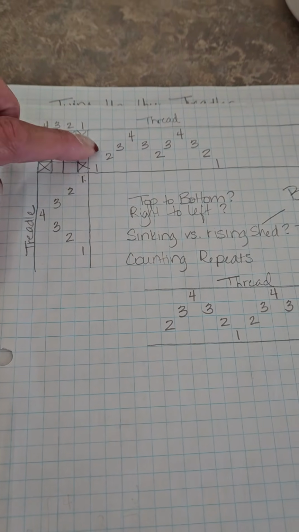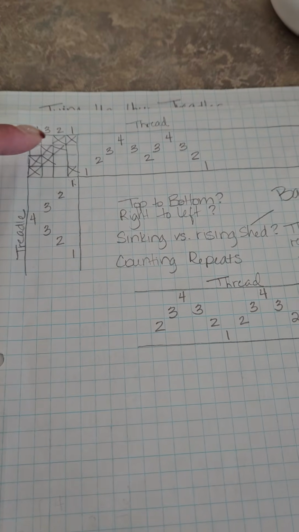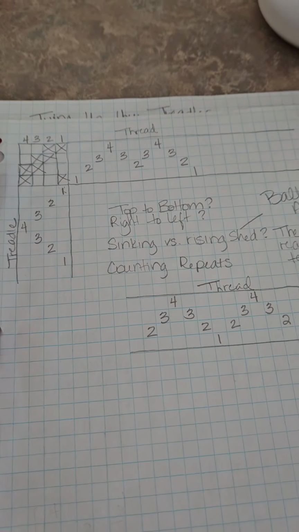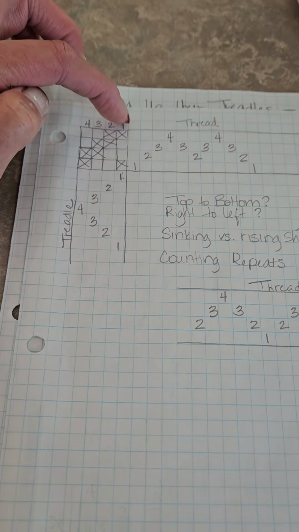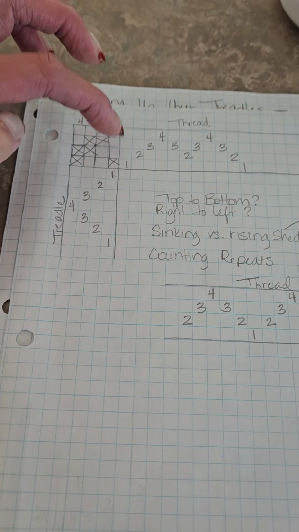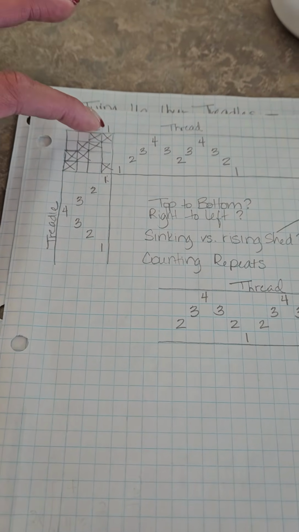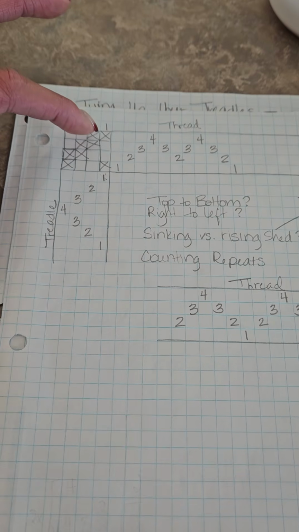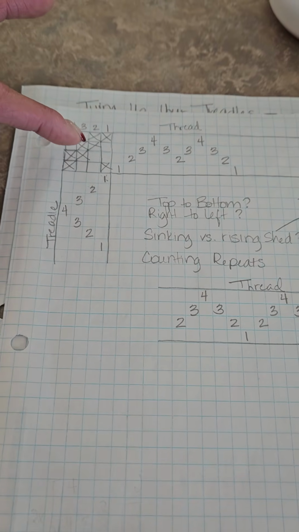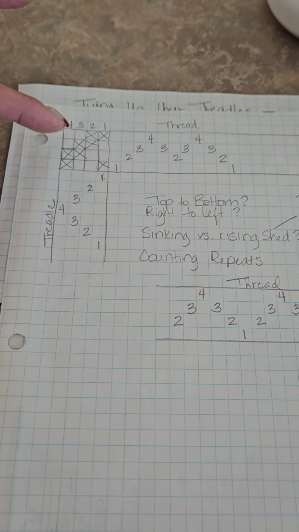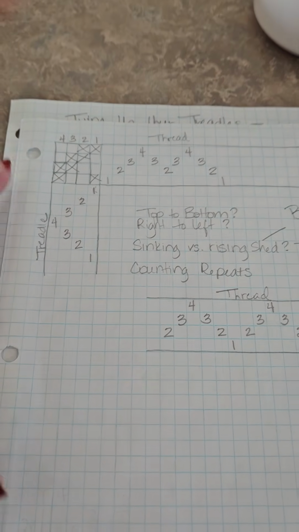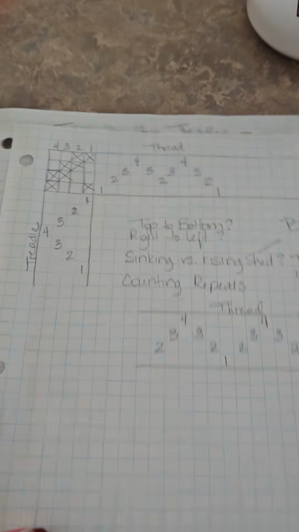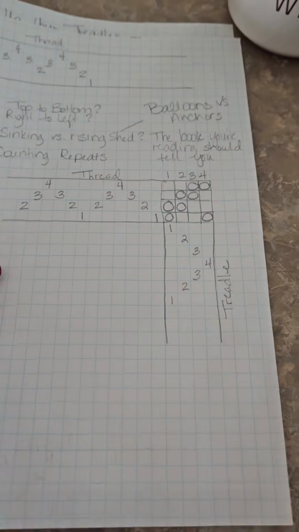Always start by looking for this box in a weaving draft. This is your tie-up box. This tells you that treadle 1 is tied up to 4 and 1, and treadle 2 is tied up to shafts 1 and 2, treadle 3 is 2 and 3, treadle 4 is 3 and 4. I actually usually write my drafts like this.